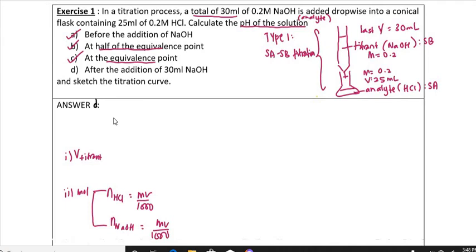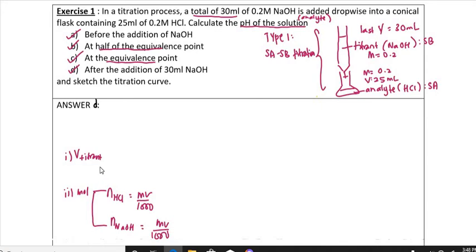Okay, now we go to the next, which is 1D here. Calculate the pH of the solution after addition of 30 ml NaOH. Remember, when it said in the question total of 30 ml, that means this is a final volume of titrant.